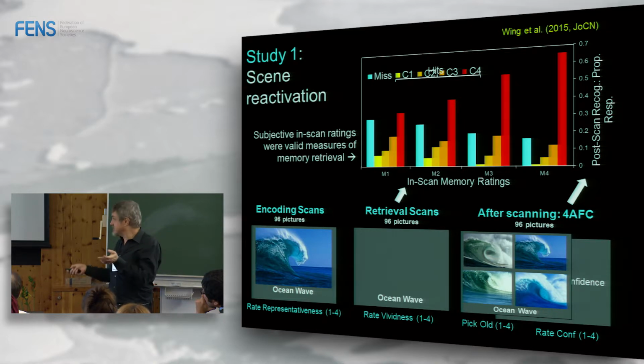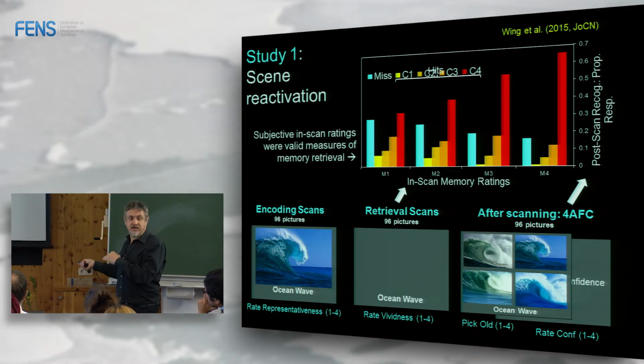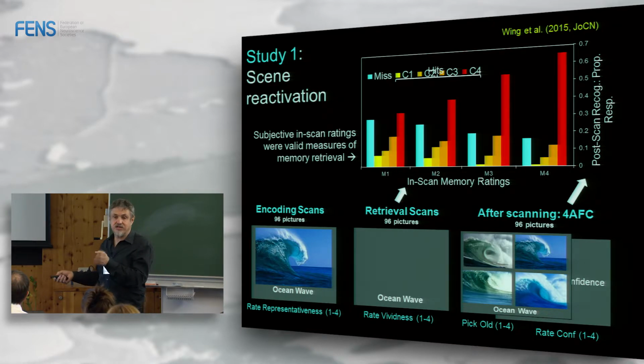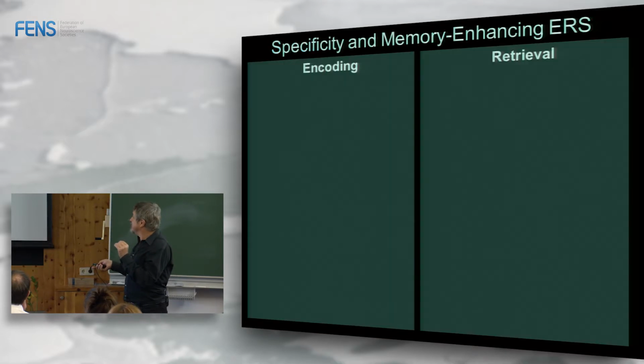So these vividness ratings are strongly correlated with memory, and we use those ratings instead of the post-scan measures to measure reactivation, because the problem with using this test is that it's partly determined by the distractors, right? So we wanted to have a measure that is primarily driven by the single item, right?